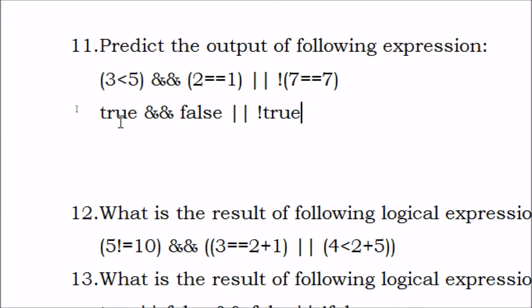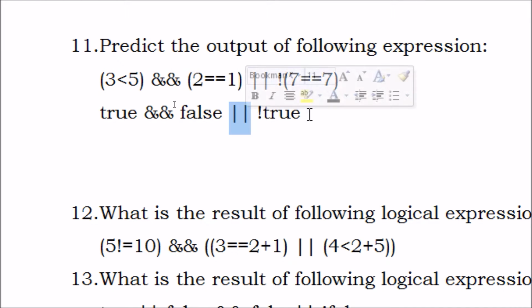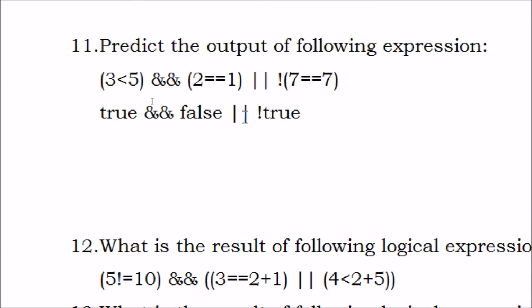Now it's better, readable. So whenever we have this type of situation, if you remember, I told you the priority order among logical operators goes like this. First priority is given to NOT operator, then second is AND, and the last is OR. So in this expression we are going to solve this NOT operator first. So I'll write the rest as it is, true and false, or NOT true will become false.